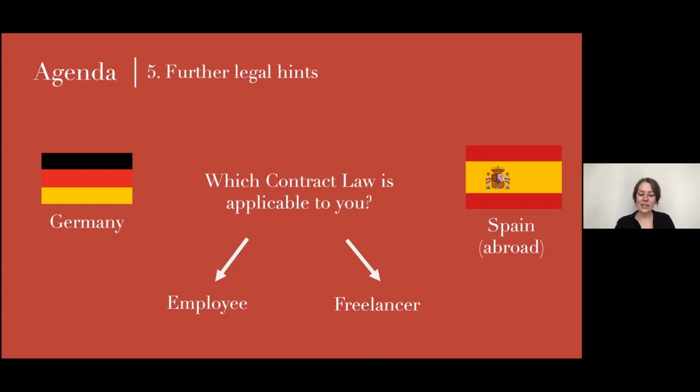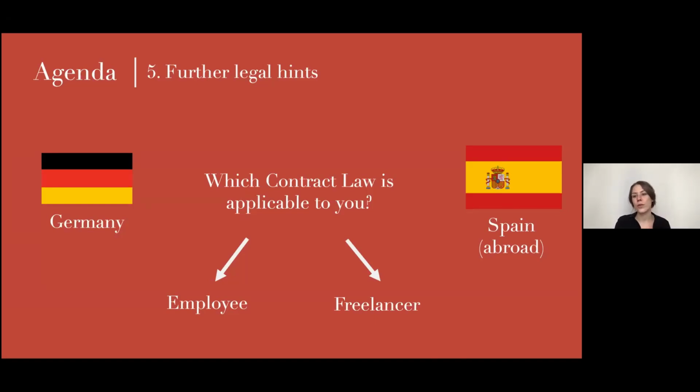And again, if you do not decide under which law your service contract is governed, then according to the EU law, your contract will be governed by the law of the country in which the freelancer has their habitual abode. And it's the same as with employees. If you are in Spain, then your contract will be governed by Spanish law. This is it regarding these contract law issues.